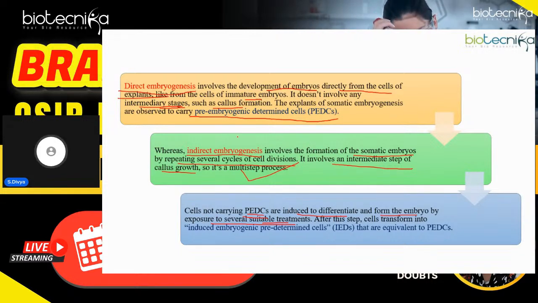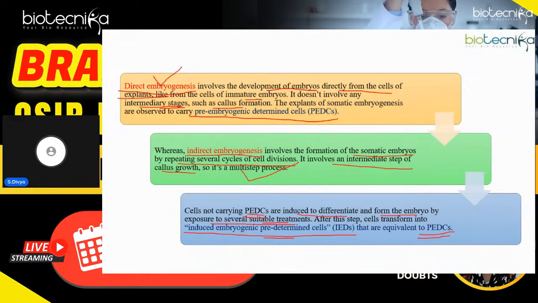So in indirect embryogenesis, they will provide some chemical treatments, after which the cells will be transformed into pre-embryogenic determined cells. Since you are inducing them to become that stage, we call indirect embryogenesis induced embryogenic predetermined cells. Okay, so be clear with the terminologies.